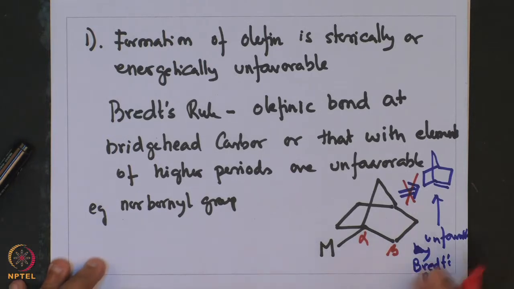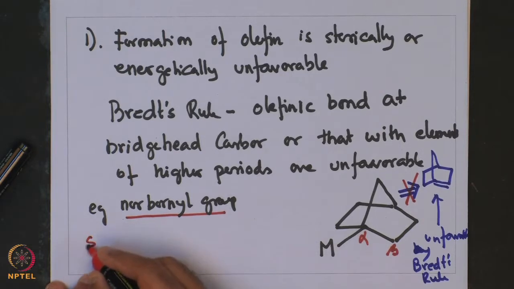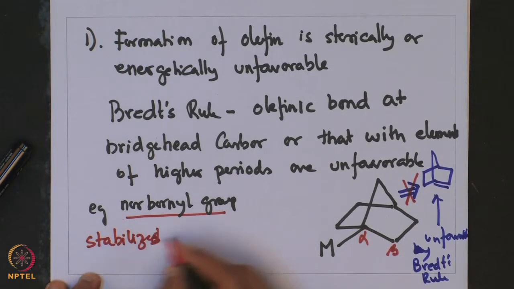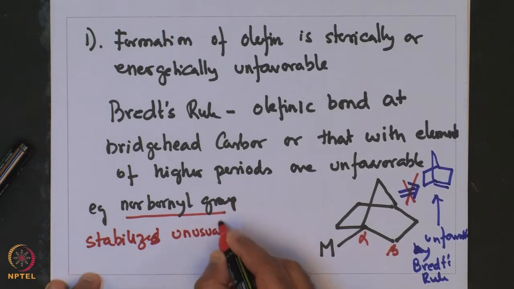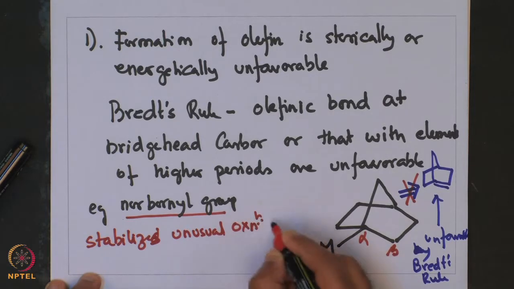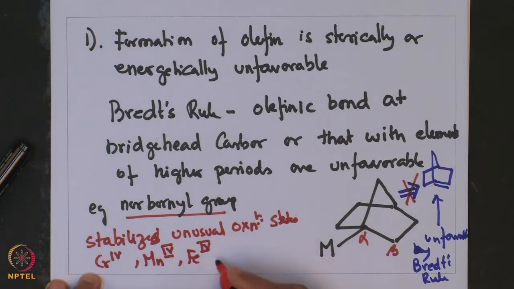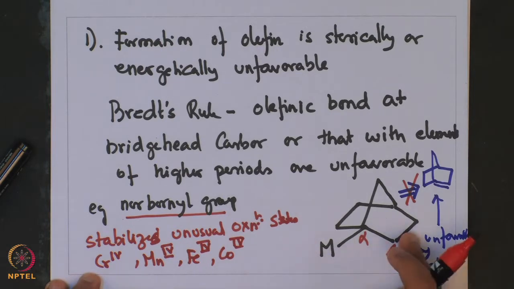And as a result, this norbornyl group is very good at stabilizing unusual oxidation states of metals like chromium 4, manganese 4, iron 4, cobalt 4 in binary alkyl complexes where there is only metal and the ligand.